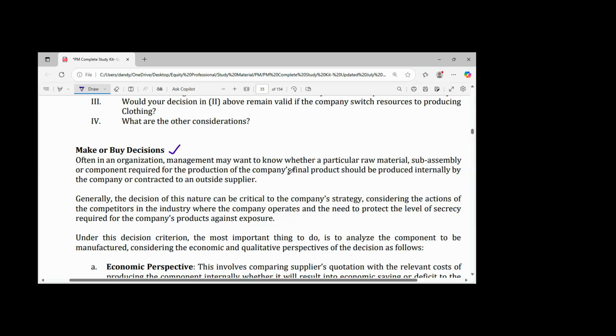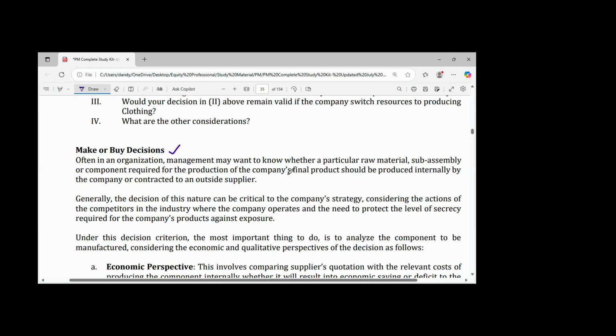Oftentimes, in practice, you hardly see a large company engaging itself in recruitment activities. Most of those routine activities have been outsourced to an external company so that management can focus attention on those activities that are critical to the business success factor.